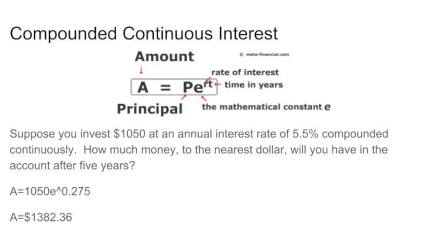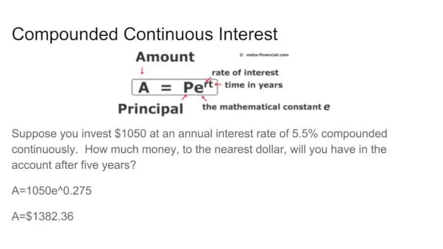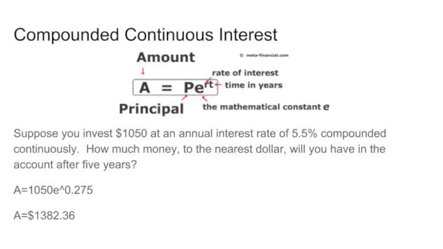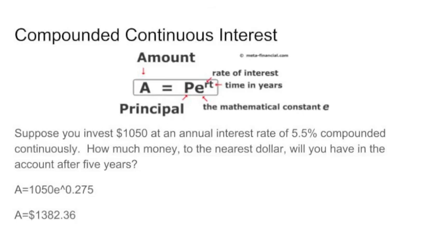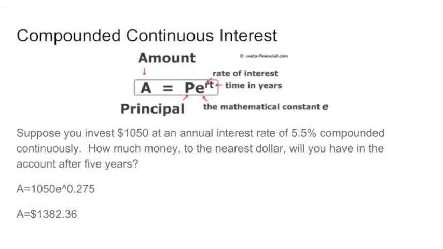Here our initial amount is $1,050. e, like I said, is a value, so we keep e and raise it to the power of 0.055 times 5 for 5 years, and we get 0.275. So that's where that 0.275 came from. Once I type that in my calculator, I get $1,382.36. So rounded to the nearest dollar, that would be $1,382.